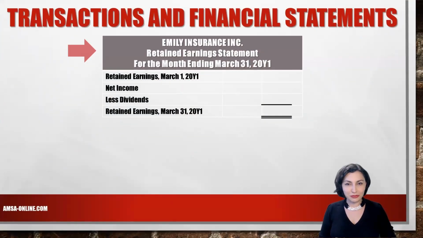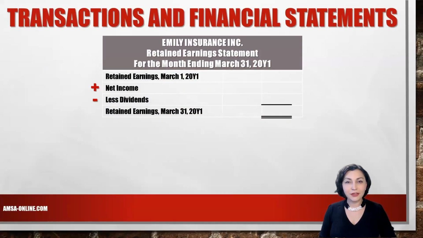Like the income statement, the heading of the retained earnings statement includes the entity's name, the statement's title, and the period of time. The retained earnings statement summarizes changes in a corporation's retained earnings for a specific period of time, such as a month or a year.